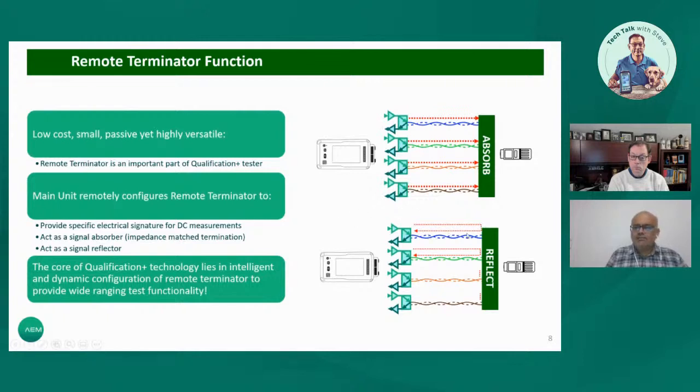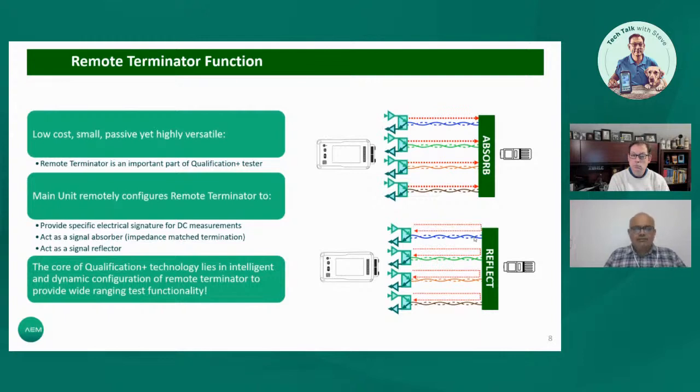So if you set the reflector mode for the terminator, all of the signal you send, with the degradation that takes place in the cable under test, will come back to the main unit. This makes it possible to perform various tests using qualification plus technology. The core of this technology is in fact this intelligent and dynamic configuration of the remote terminator to provide a wide range of test functionality.